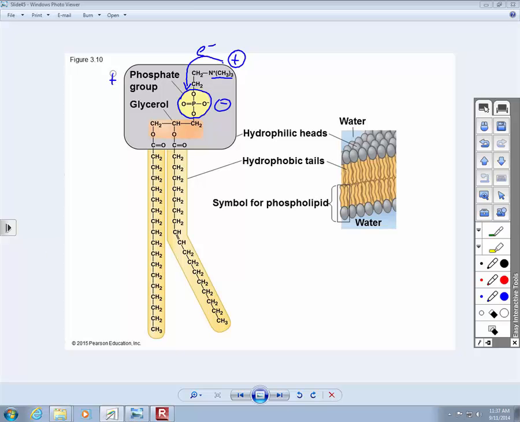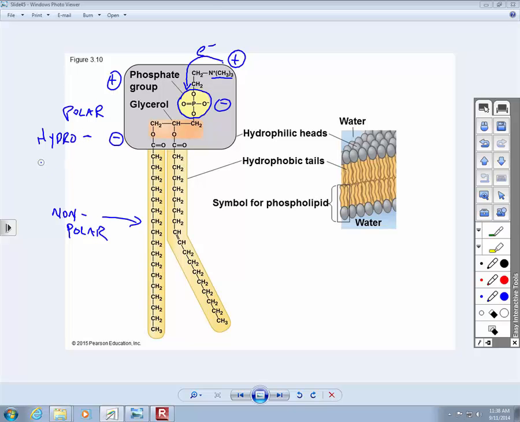It's positive on the outside of it, negative on the inside of it where the oxygens are, and then your fatty acids are non-polar. They're not going to dissolve in water. But the polar region will dissolve in water. So this is polar, which means it's hydrophilic.